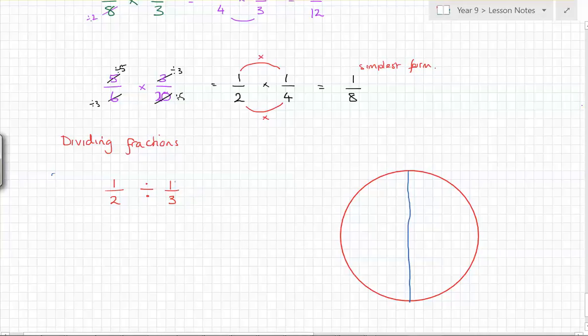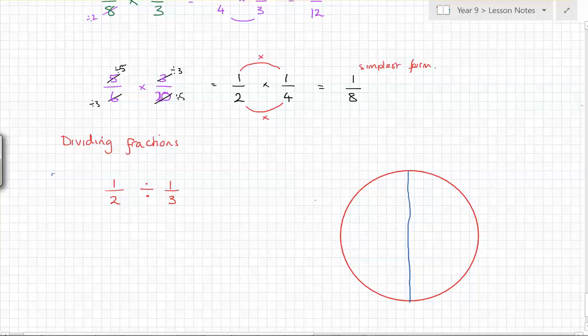So what we're saying is, how many thirds can I get out of a half? So it's share a half into thirds.